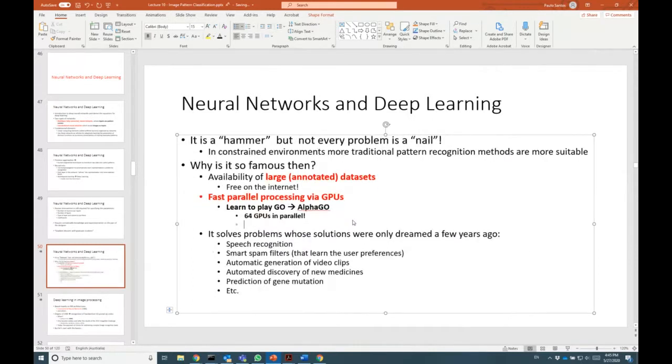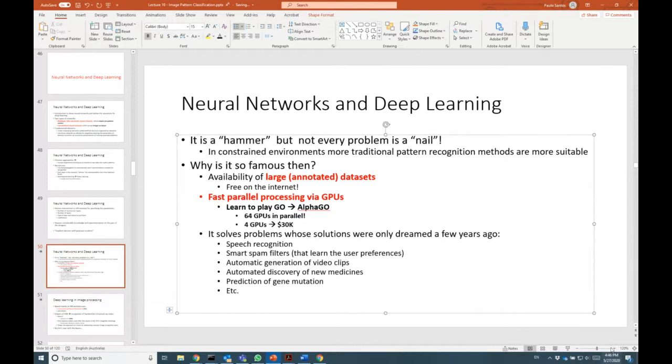Today, the cheapest dedicated GPU machine, a machine with 4 GPUs, costs $30,000. Only 4. Well, 64 GPUs just to learn a simple game.